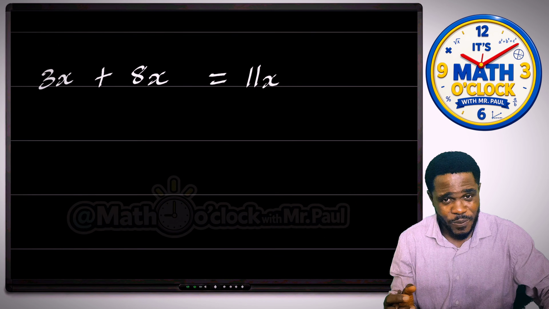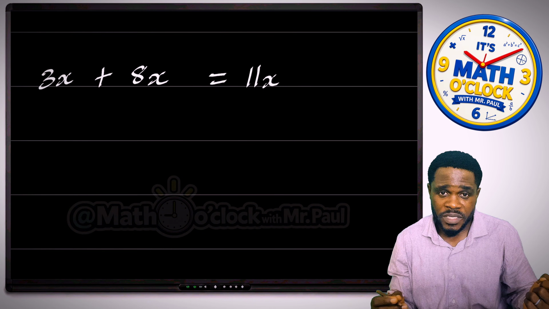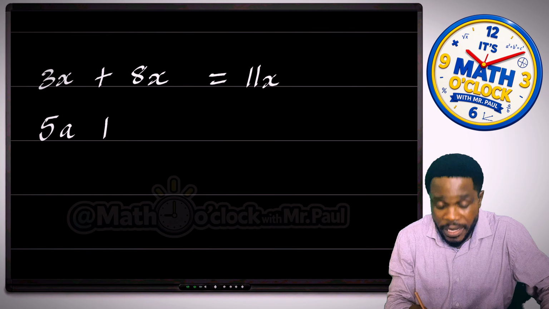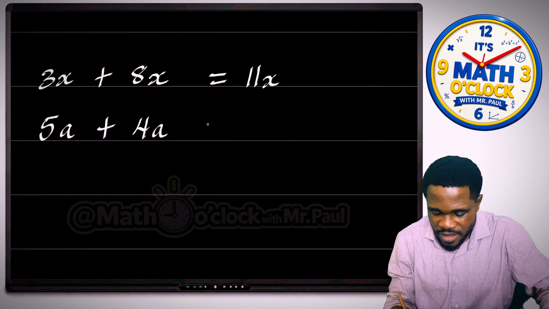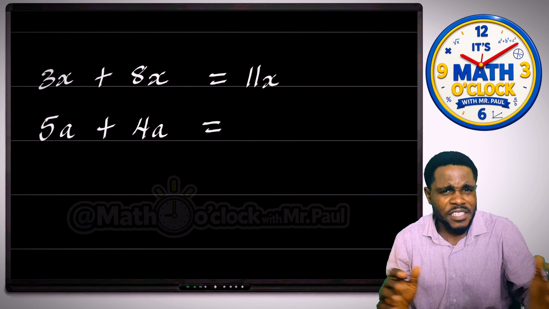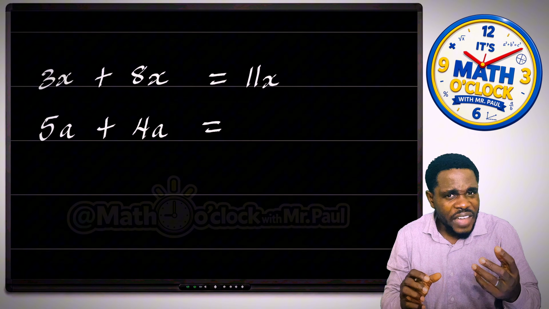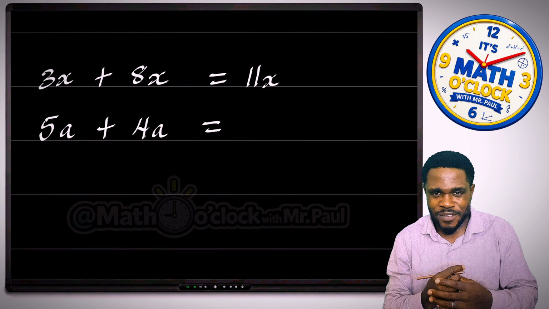Isn't that simple? Another way you could look at it is, let's say 5a plus 4a. Let's assume that the a represents apples. 5 apples plus 4 apples. What's that going to give you?